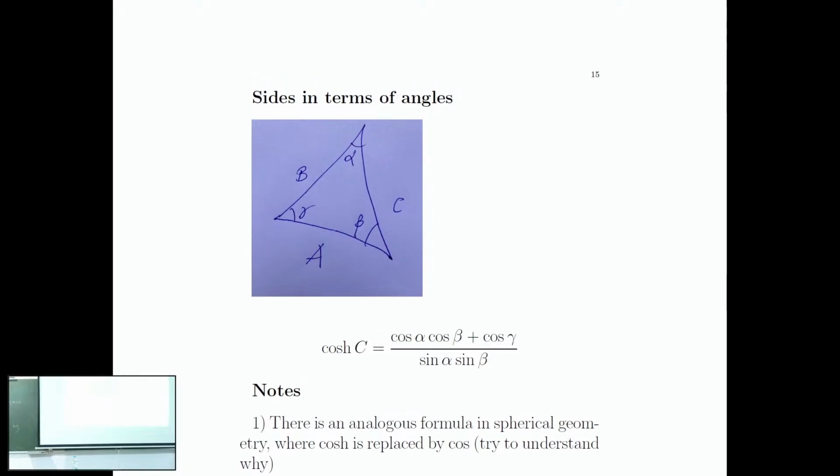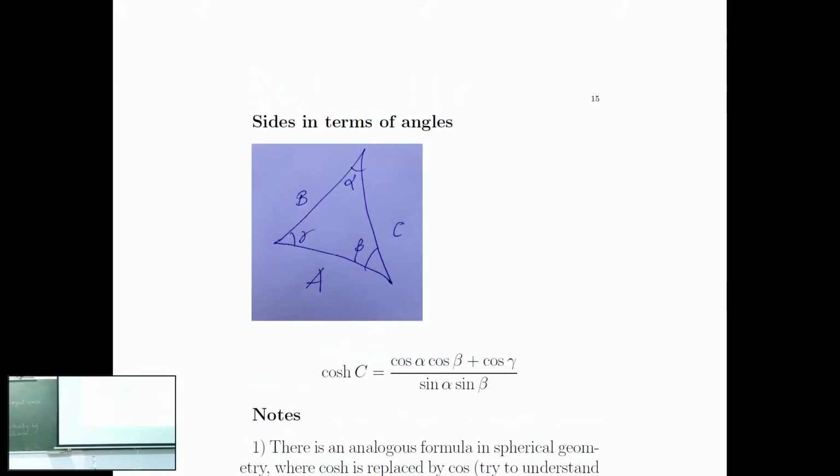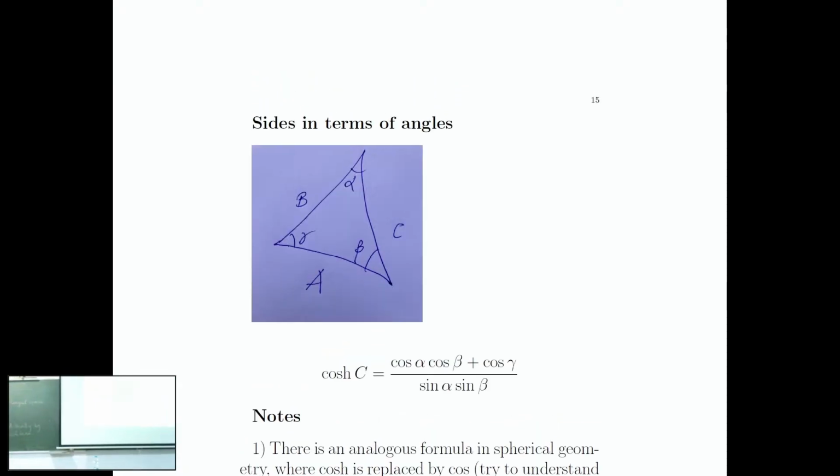So there is an analogous, I put it here. For hyperbolic geometry, I said last time that there's a formula which gives you the sides in terms of the angles, right? In Euclidean geometry, you don't have this.